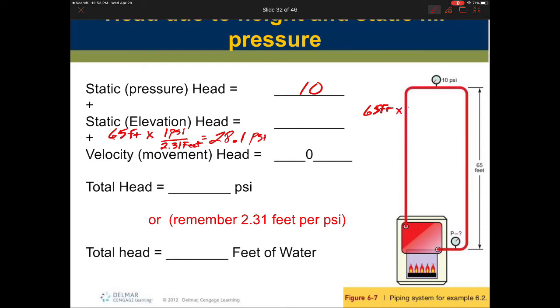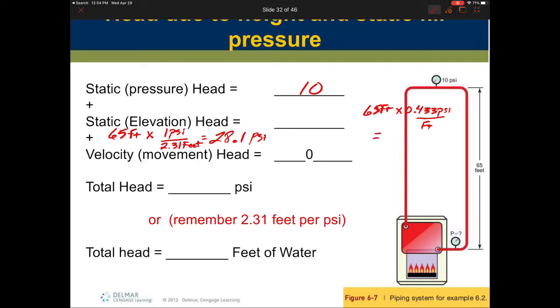Now, I'm going to give you an alternative method. The alternative method would be taking the 65 feet and multiplying that times 0.433, which is the number of, let's call it, PSI per foot.